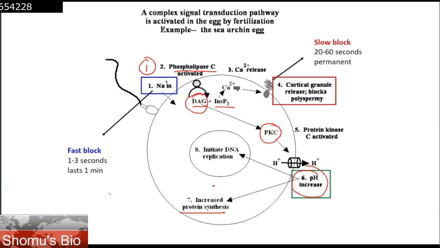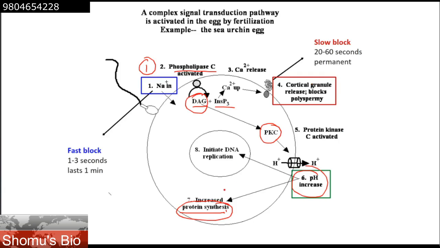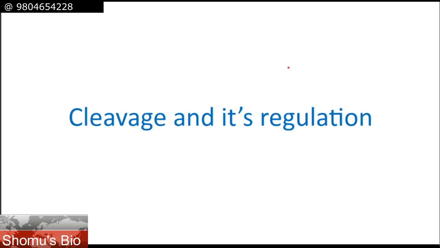Okay, so protein synthesis means obviously those proteins will be required for the DNA replication, and then the DNA replication will begin. So now let's talk about the process that works after the polyspermy prevention. While the cell's pH is near neutral, which is exactly optimum for the DNA replication as well as the cell division. So cleavage simply means cell division in a specific pattern.